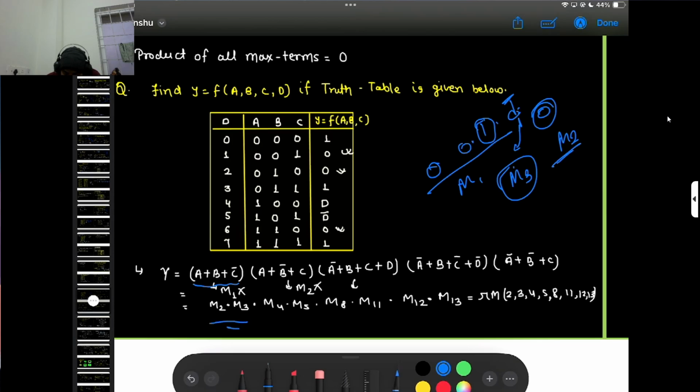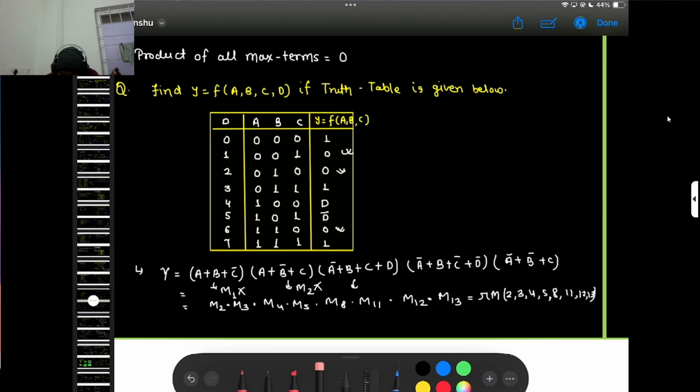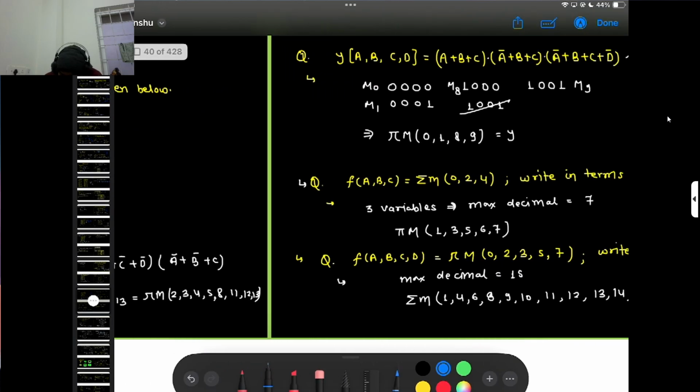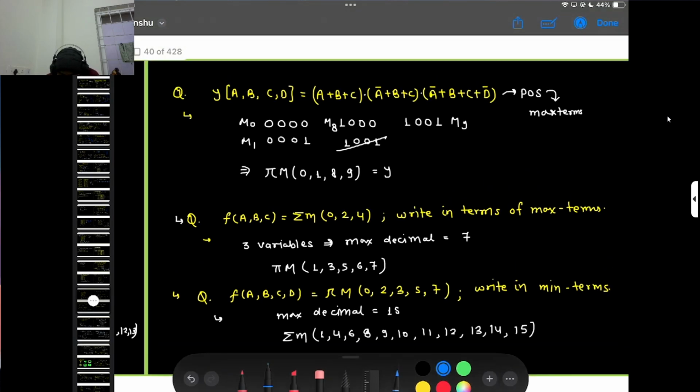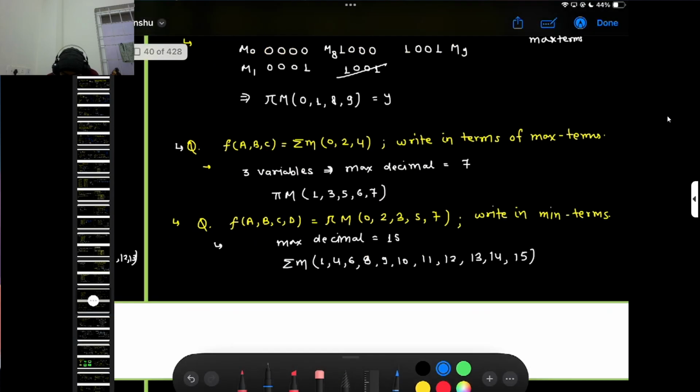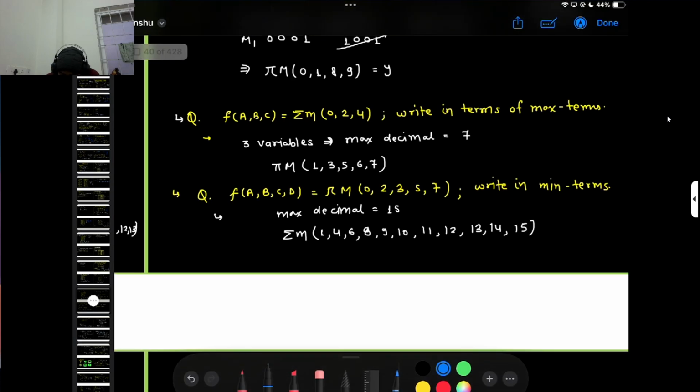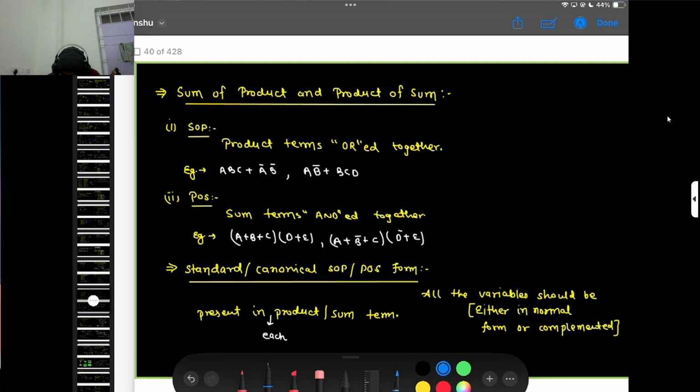So this is m2 and m3. Y equal to f(a, b, c, d), so that's the way you can see it in POS form, in max term form, as it is given. This is the normal concept, just go through this.